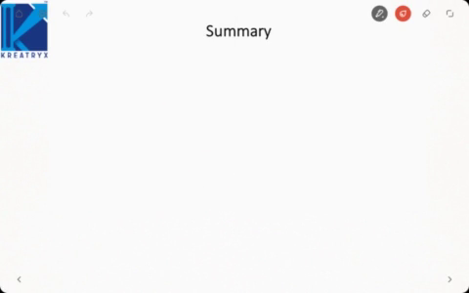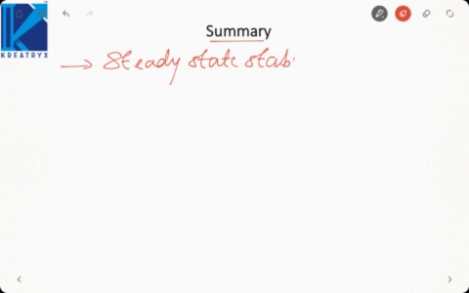So let us summarize what we covered in this lecture. We first saw what is the meaning of steady state stability. Then we derived steady state stability using swing equation. We arrived at the criteria del P by del delta must be greater than 0 for stability.